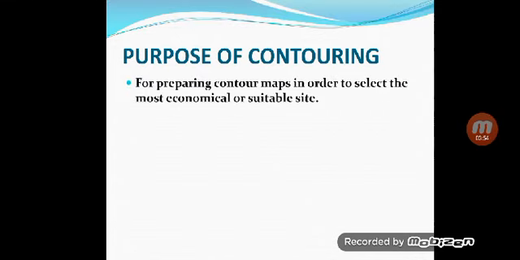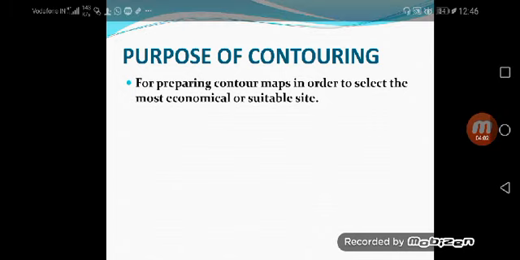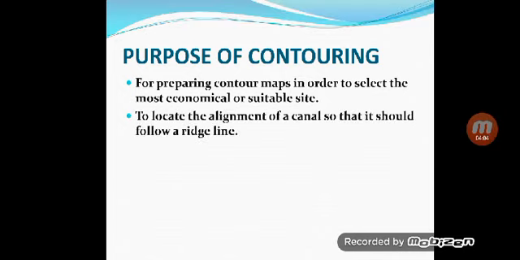First motive is for preparing the contour maps, which will help select the most economical or suitable site. It will also locate the alignment, means in which direction the canal should be located so that it will follow the ridge line.